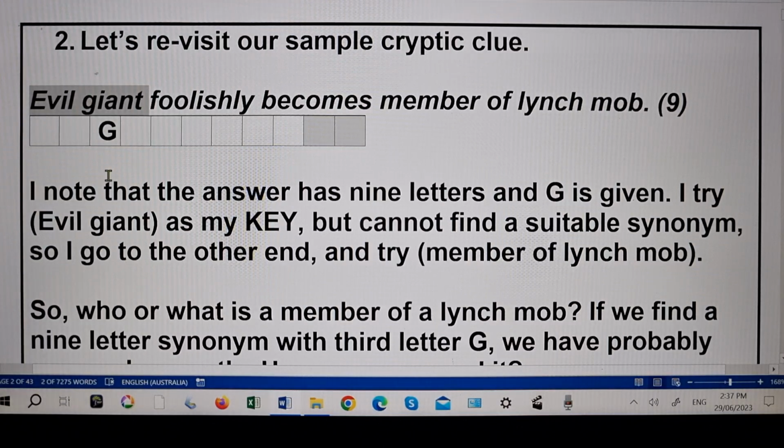I think of ogre. No, that's no good, too short. I think of cyclops, too short, hasn't got a G. And after a while you give up and you think, oh well, I can't get a synonym that fits the spaces. Go to the other end and look for lynch mob or member of lynch mob. Perhaps member of lynch mob. We'll try that. All right?